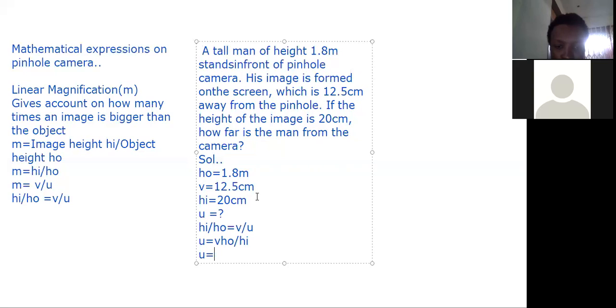So this will be 12.5 times 10 raised to the power -2 times h naught, 1.8, divided by hi, which is 20 times 10 to the power -2. Use your calculator to tell me, what are you getting?